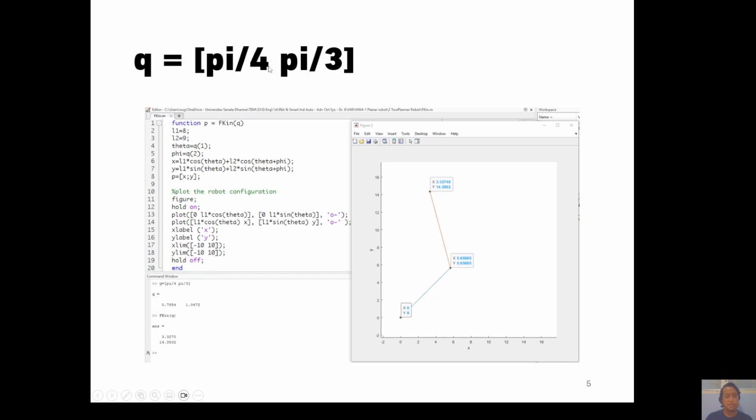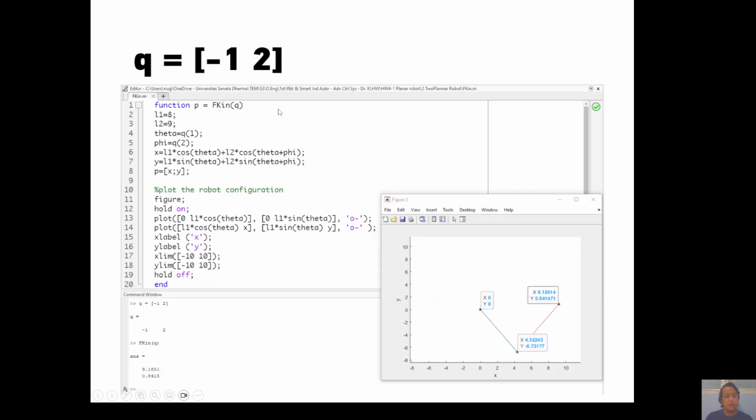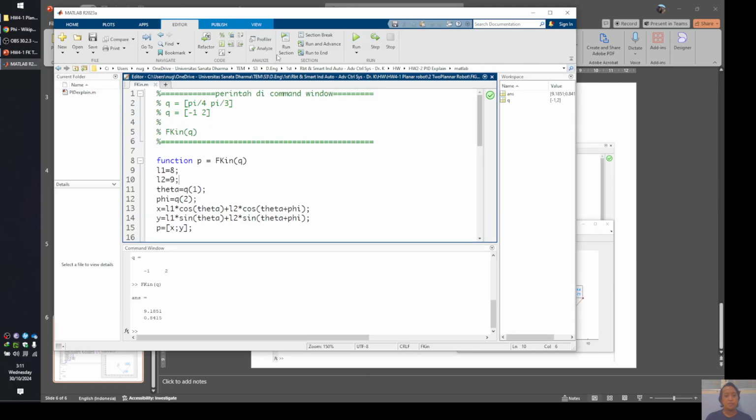This is in radians. And for the second question, q is defined as an array of theta and phi. Theta is minus 1 radians and phi is 2. So we simulate using MATLAB.